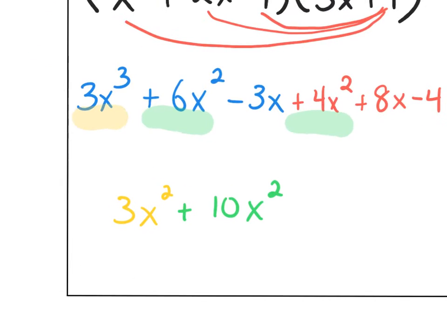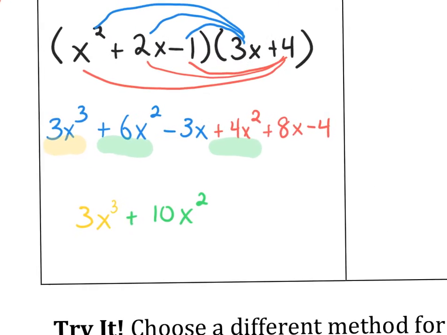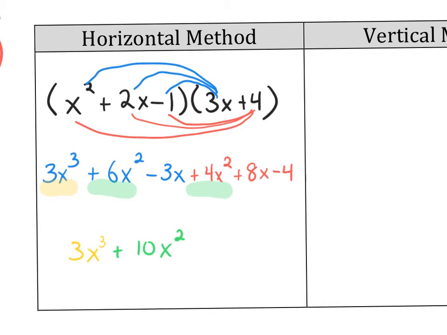Need to fix the cube there. That is indeed a cube. Now we're looking at my linear terms, which are the negative 3x and the positive 8x. So that's a positive 5x. And lastly, we have the minus 4, which combines with nothing.